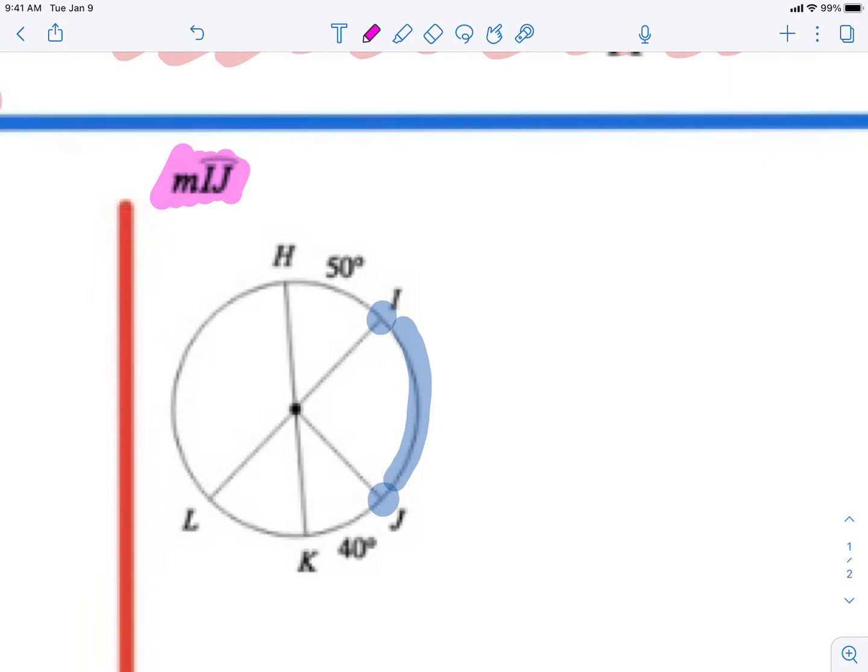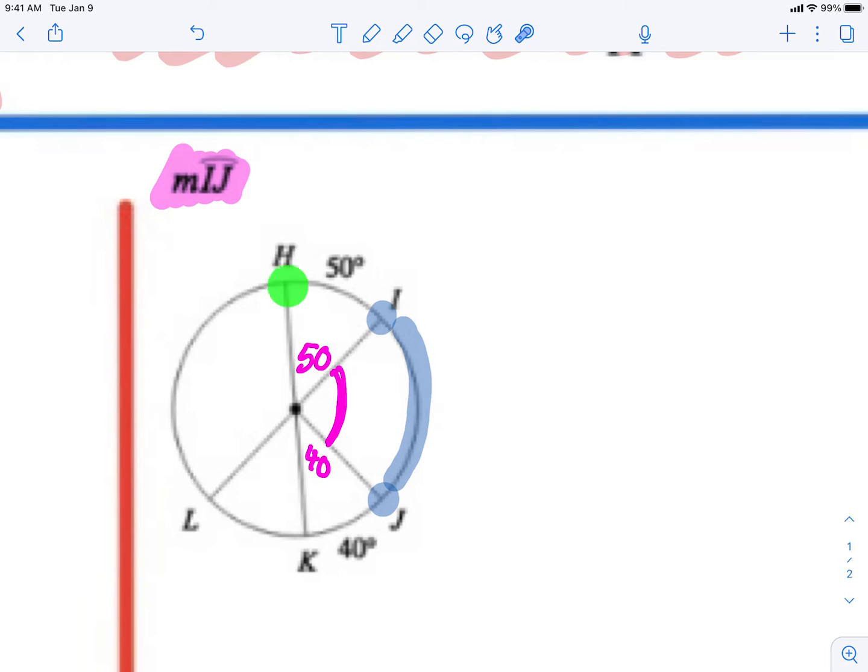So that means my angle goes right here. Right? Well, what is that angle? We know that this is 50, so this is going to be 52. And we know this is 40, so we know this is going to be 42.